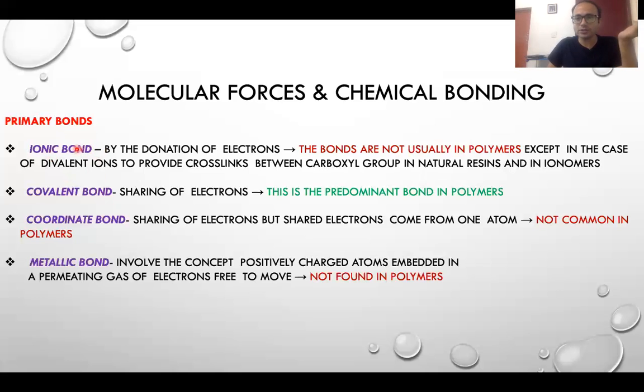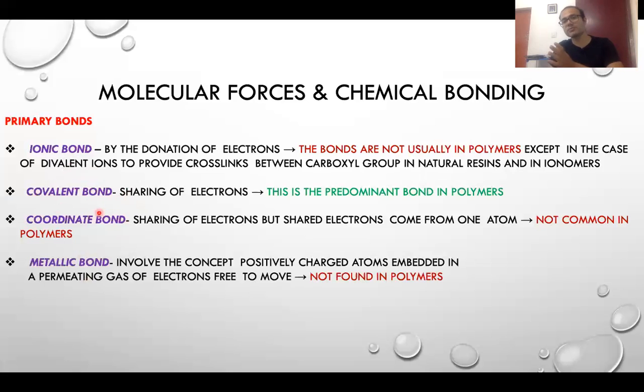Here I'm not going to discuss each type of bonding, because you are well aware of these bonds through your understanding of the inorganic chemical bonding chapter. Ionic bonding, coordinate bonding, metallic bonding, these are the kinds of bonding that you'll find in polymers concerned with inorganic chemistry. Here I'm going to talk mostly about organic based polymers, where the major share of the bonding comes from covalent bonding.